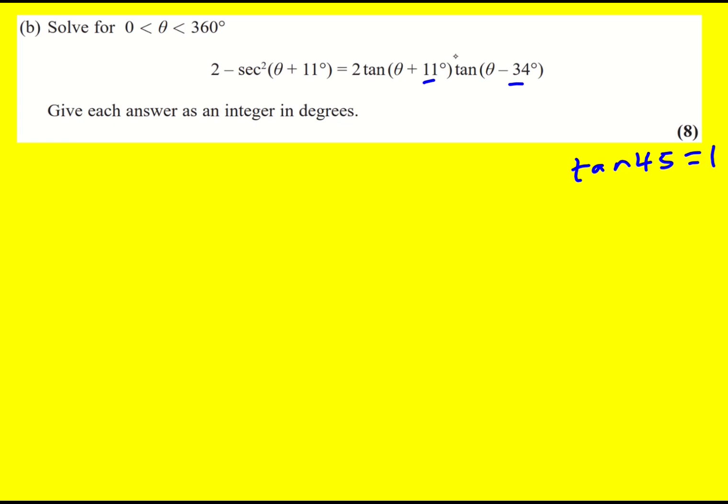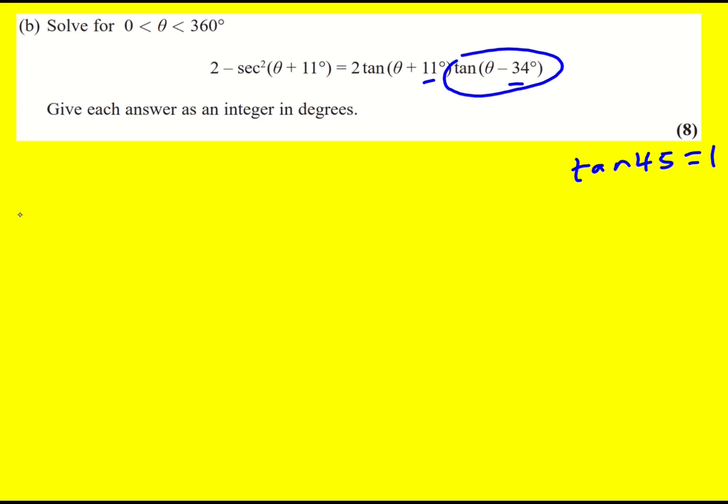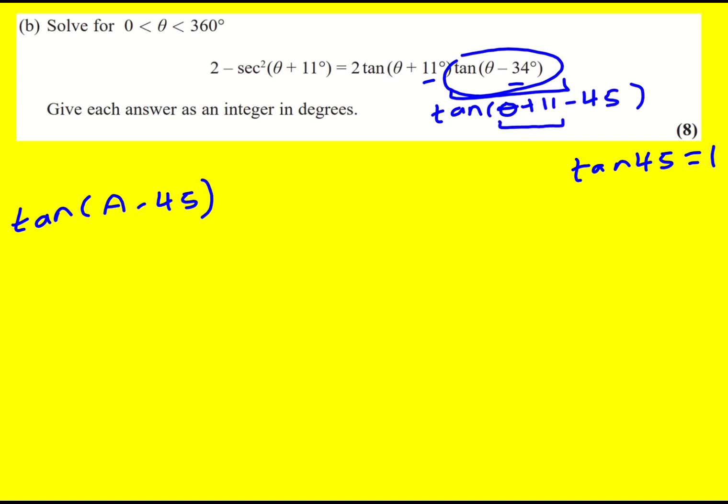So I decided to convert this and think about what happens when I've got tan A minus 45. Because actually I could write this as tan theta plus 11 minus 45. That's where I'm coming from with this. So in a minute, I can set A equal to theta plus 11.